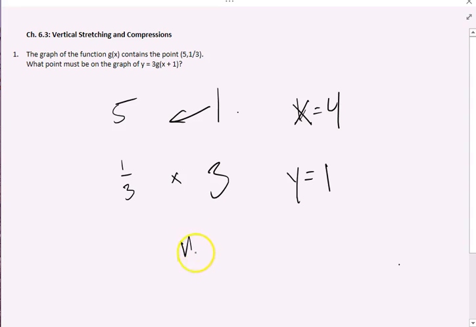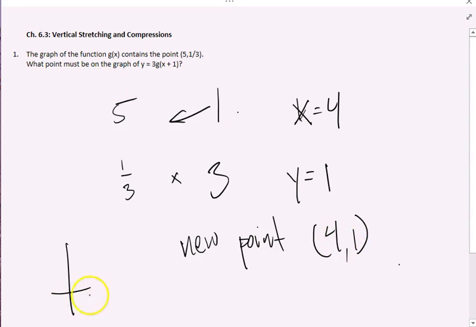So my new point is going to be at 4, 1. So this point moves along with the graph to this new point, because my graph, if it was here, is going to shift to be larger in this way. So a point that was, let's say, here will now move somewhere else. It shifts with the graph.